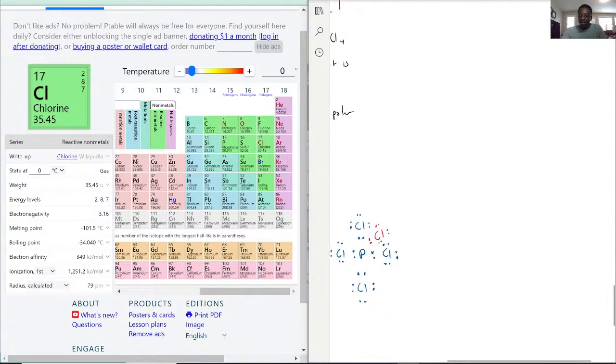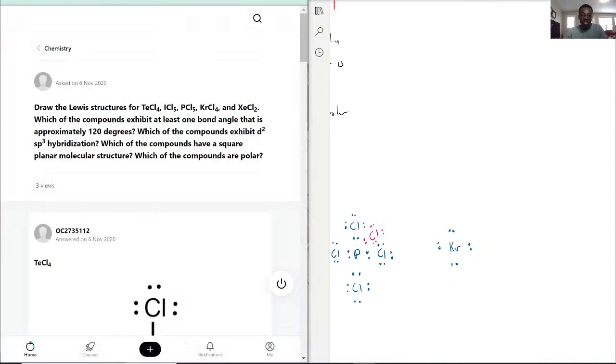Okay, so KrCl4. Okay, so Kr, has those bonds there. I'm just making sure, just have to double check that we actually have the right amount.